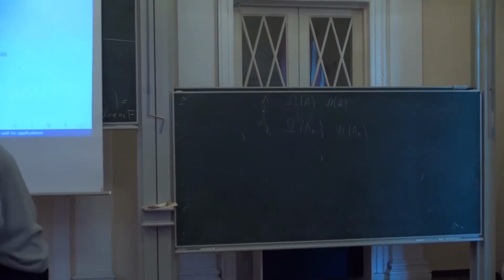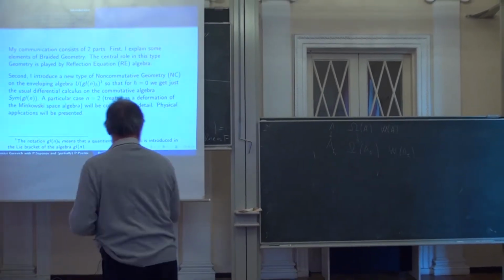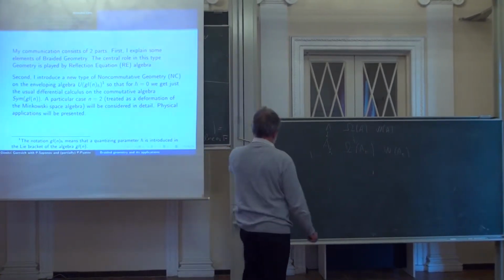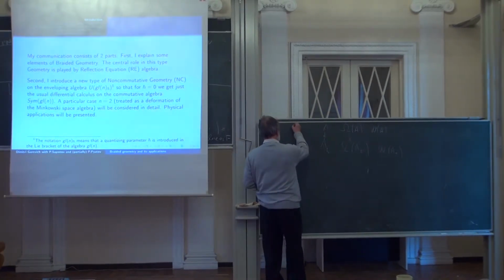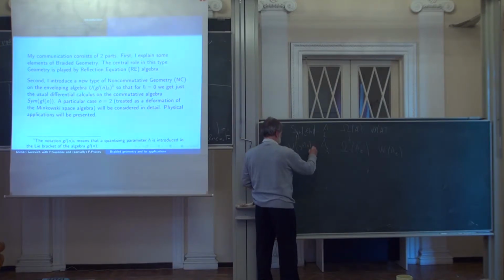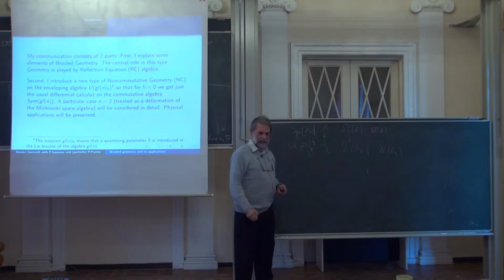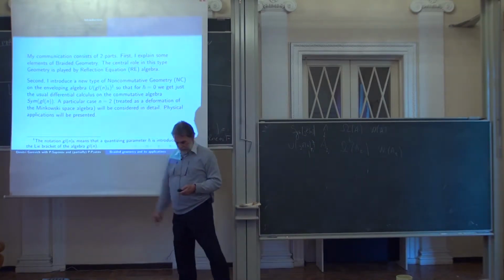So, finally, I will deal here with the commutative algebra, which is nothing but the symmetric algebra of GLN. After quantization, I get the enveloping algebra of GLN, depending on the parameter h, which means that I introduce this parameter in the bracket.